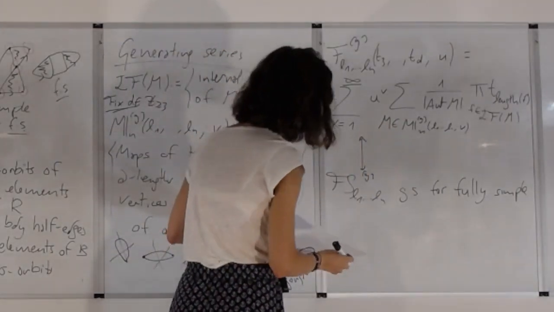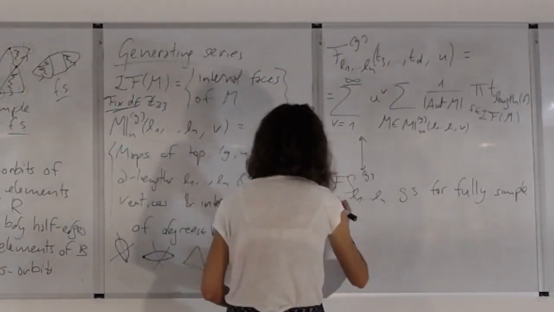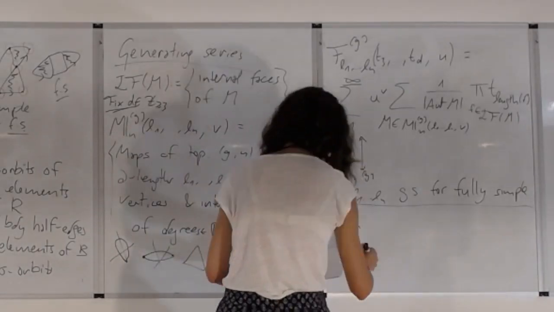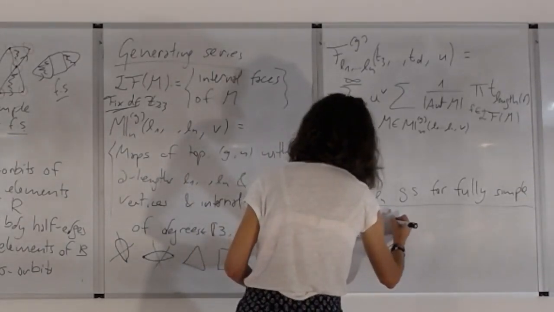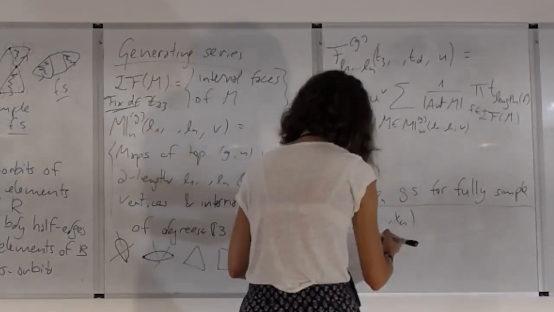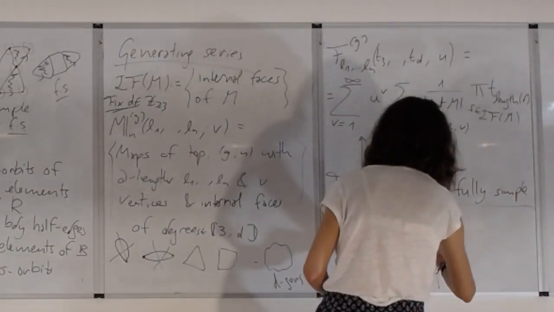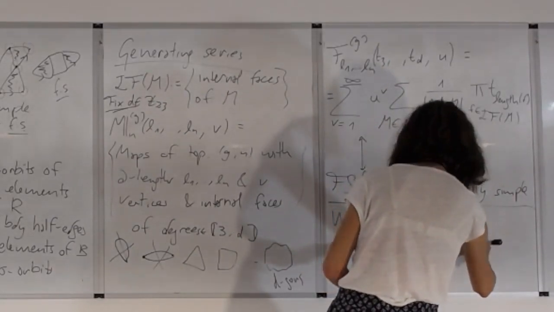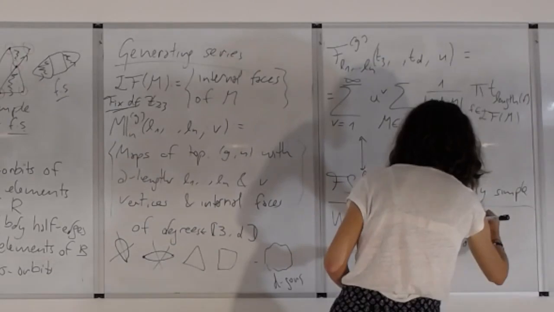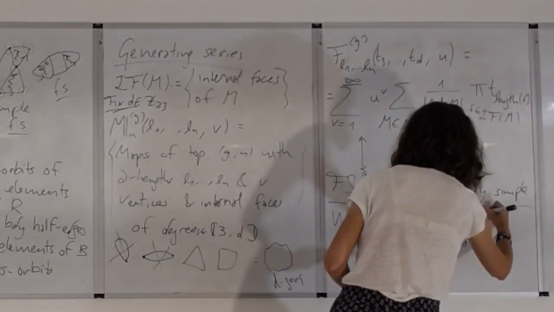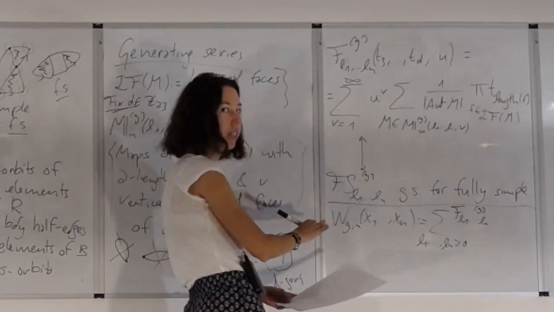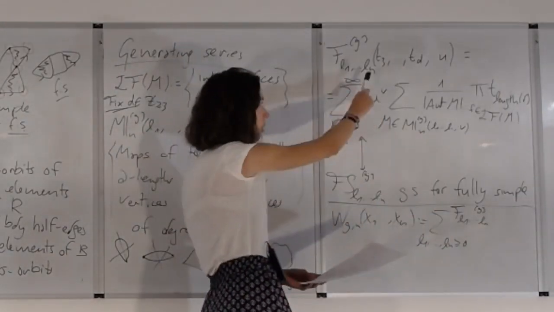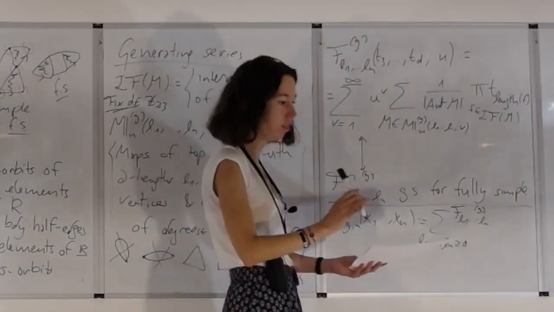And then we are missing the correlators. I write them here. The correlators will just be summing over all possible lengths. So I'm just putting the generating series with fixed lengths on top. By the way, here and here I'm already omitting all these parameters, but they are there.